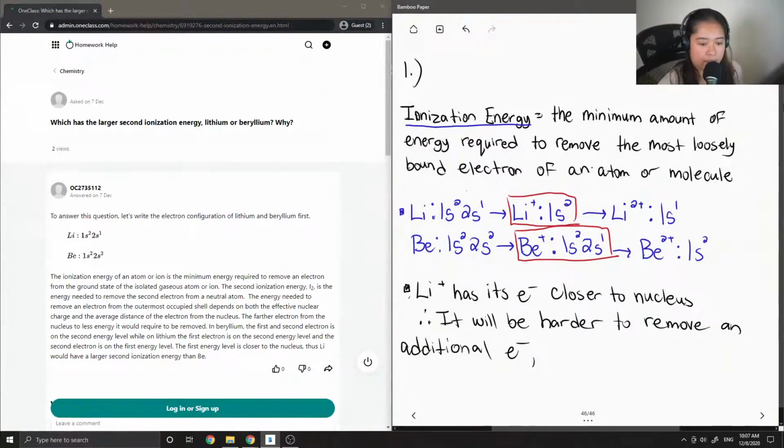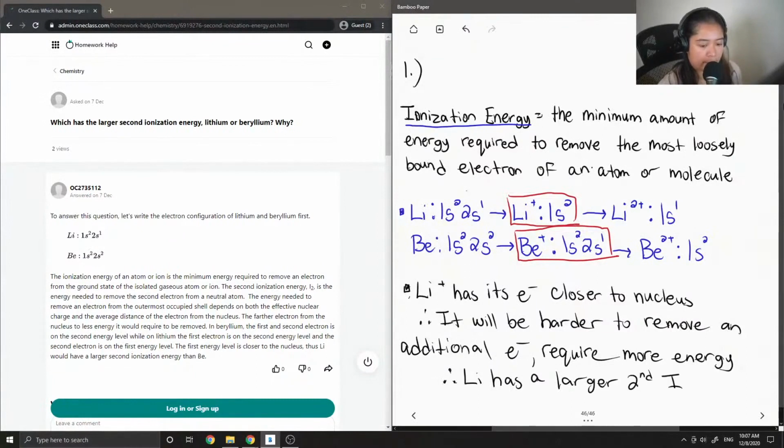And because it's harder to remove an additional electron, that means it will require more energy. So therefore, we can say that lithium has a larger second ionization energy.